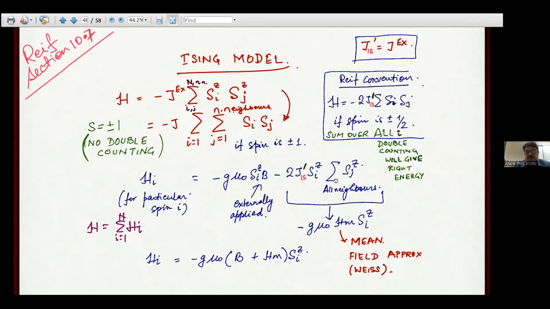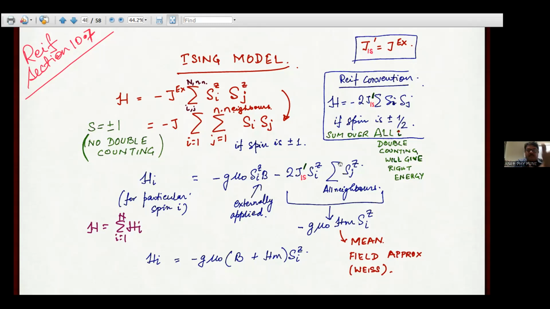This sum could be all four, or it could be two up and two down, in which case it would be zero. If three are pointing up and one is pointing down, it could take different values.